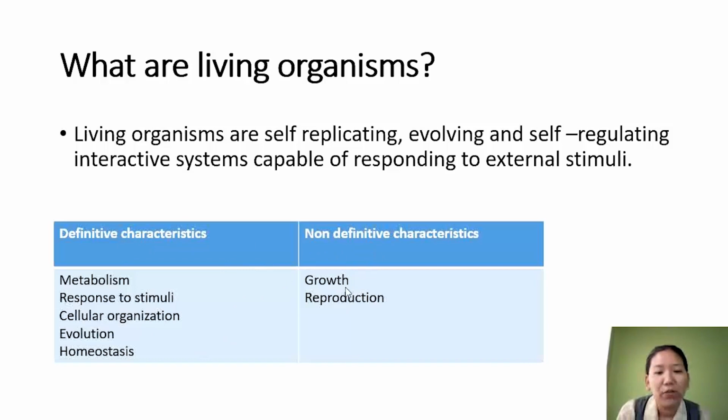From here we have come to the conclusion that growth and reproduction are non-definitive characteristics of living. Why is growth not a definitive characteristic? Because growth not only takes place in living organisms, it also takes place in non-living things. Likewise, reproduction. All living organisms might not undergo reproduction. There are some sterile organisms.